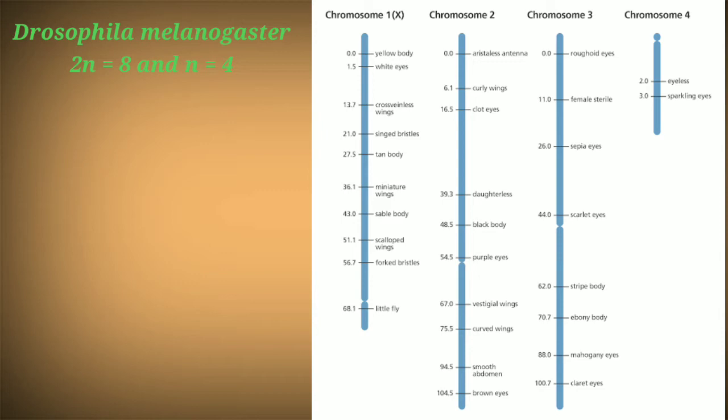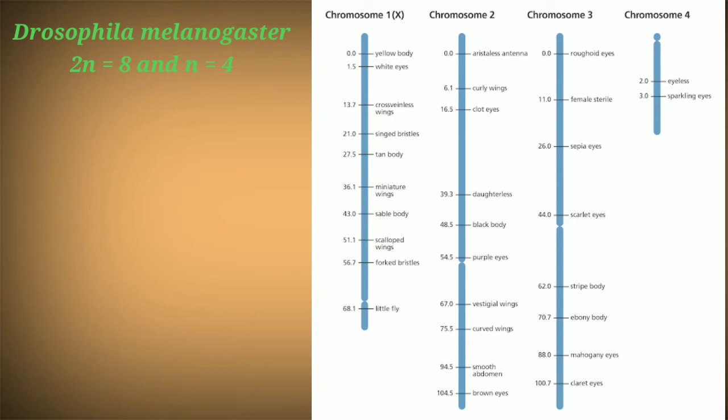Similarly for the characteristics of wings, the second gene will code for the curly wings. The third gene will code for the clotted eyes. The fourth for the daughterless character. Fifth for the black color of the body. Then sixth, it will be for the purple eyes, etc.